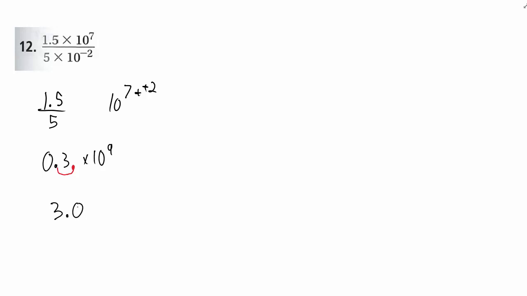Now, unlike before, where we were moving the decimal place to the left, so we added a power, here we're moving the decimal place to the right, so you actually take away a power. So this is times 10 to the eighth, and that's the result you get in scientific notation from dividing these two numbers. You get 3 times 10 to the eighth.